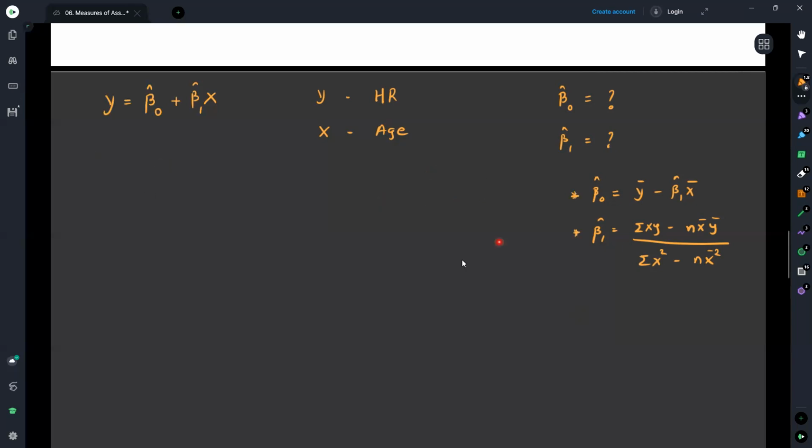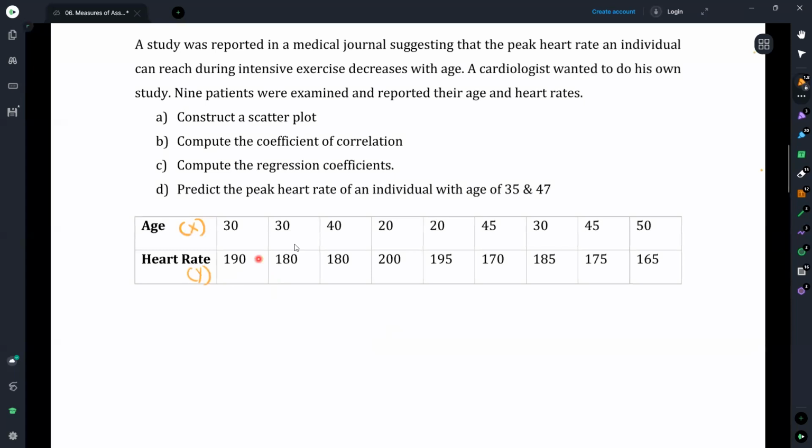Therefore, first I am going to obtain beta 1 hat since it is used to obtain the value for beta naught hat. To obtain the value for beta 1 hat, we need summation of xy and summation of x squared. Therefore, as the first thing, I am rewriting the values mentioned in this table.